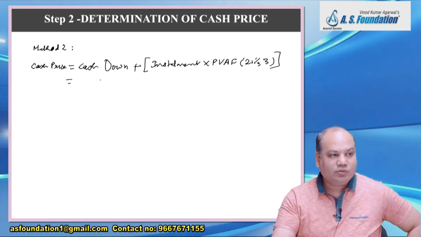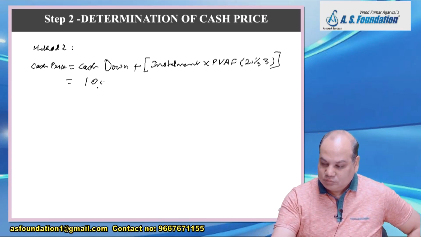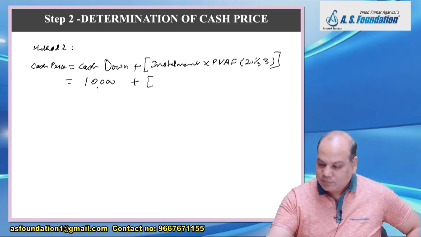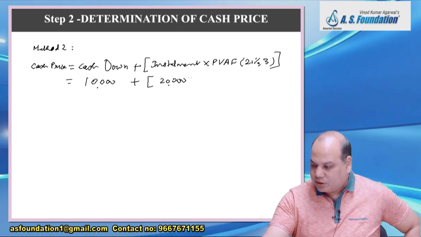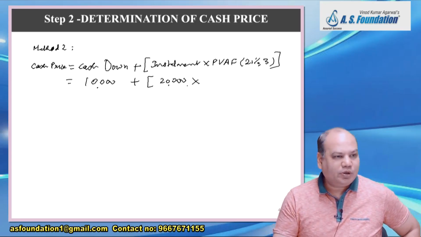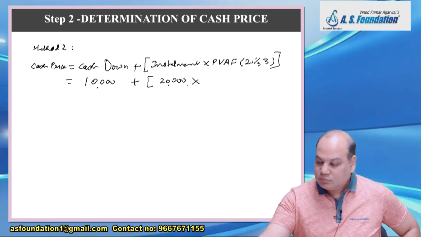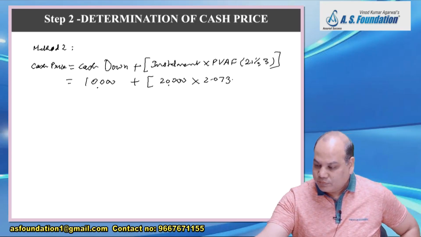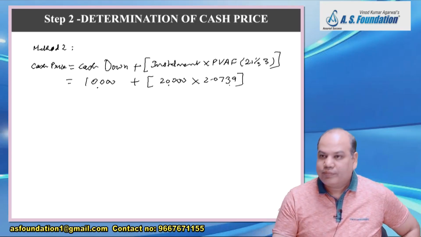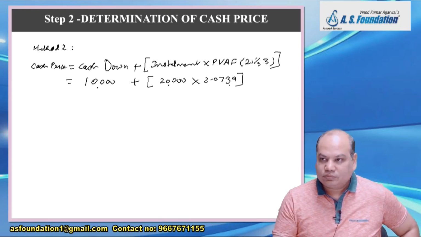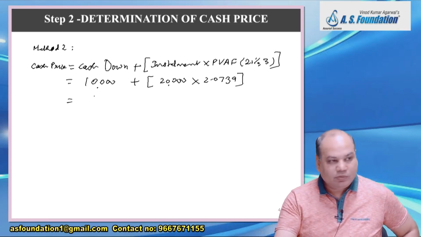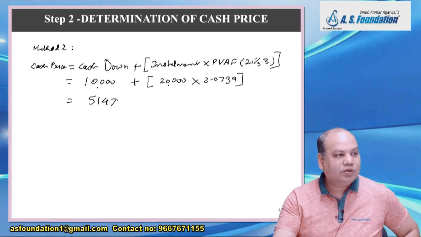So how much is cash down? How much is each installment? Multiply by annuity factor, 1 divided by 1.21, 2.07. Is that right? Final answer: 51,479.